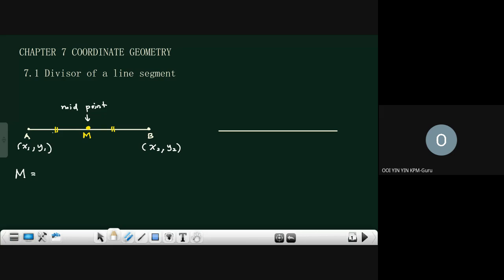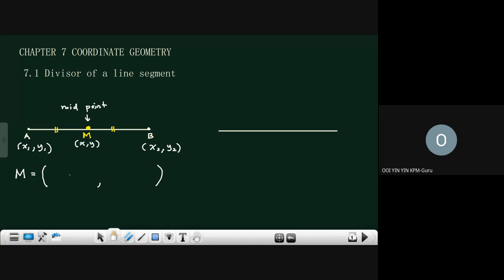Okay, now, to find this point at the center, there's a formula, right? If you still remember, okay. If you don't remember, never mind, we are going to repeat it, okay? We divide it into x and y in the coordinate. First, we talk about x first. To find the x for your M, that means M's coordinate x and y.